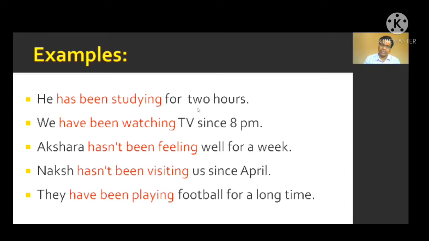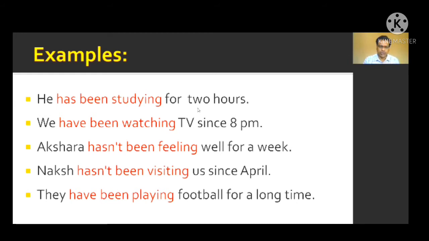The another word that is also the auxiliary, to be auxiliary, B-E-E-N, been. Been indicates that the action is perfect. Means it started in the past, right? It is perfect. The action is completed. And studying, study is the base form. To study is infinitive.